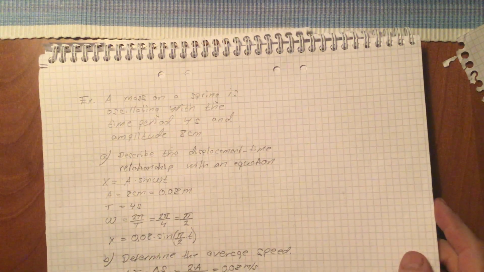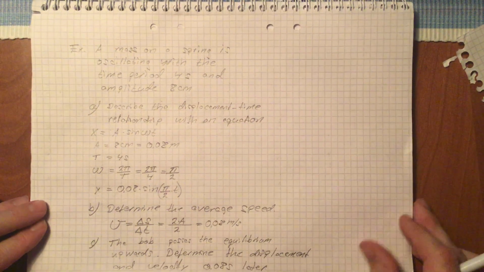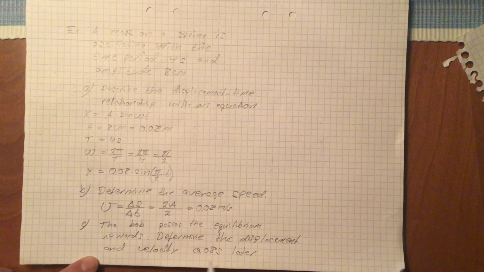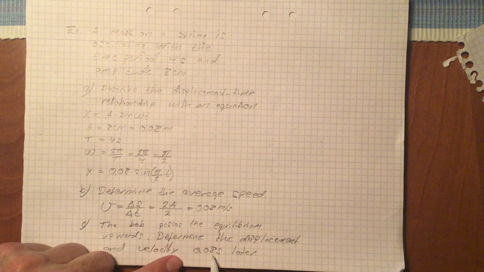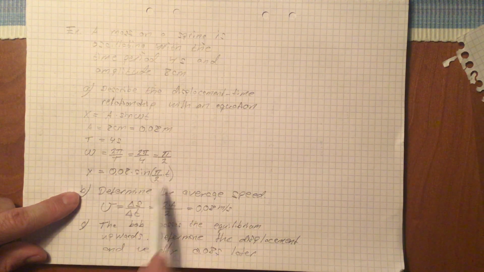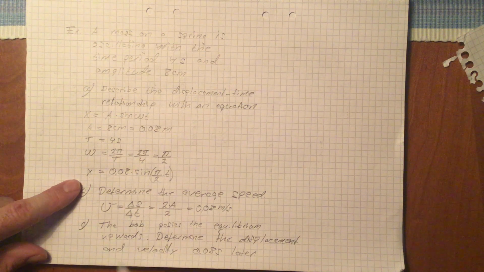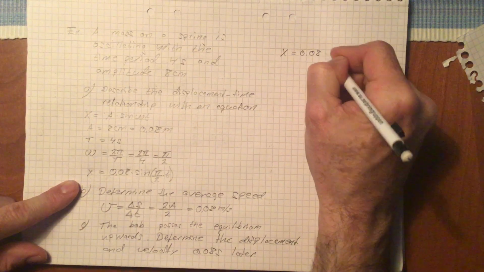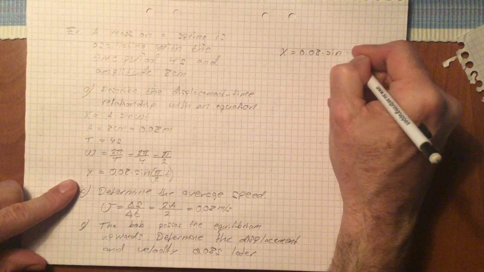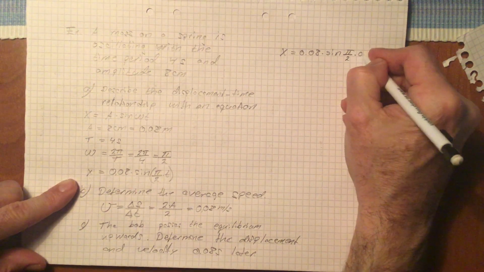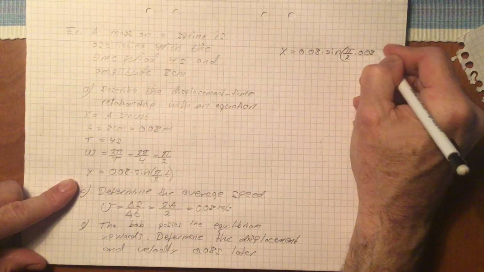So let's see here. The displacement and velocity after 0.08 seconds, we have to calculate it. And we need the formula for the displacement. So, x is equal to 0.08 times sine of pi divided by 2 times t, and t is 0.08.